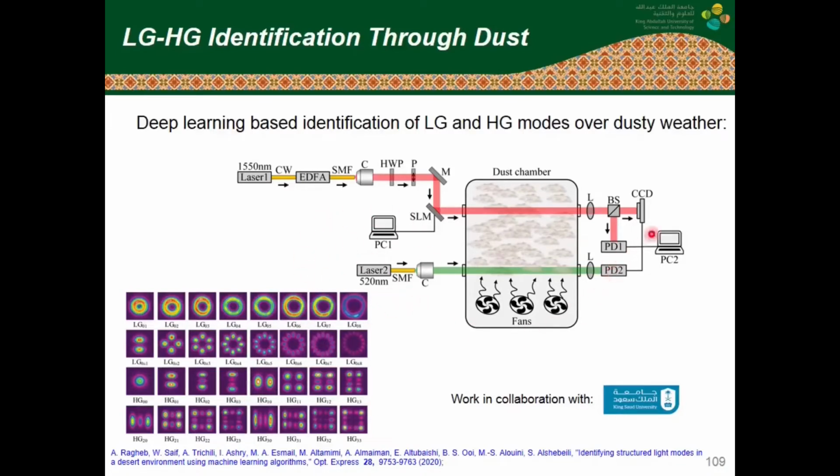Then we applied a deep learning algorithm at the receiver to detect the various light patterns after propagating through dust storms. More details about this experiment are in our recently accepted publication.